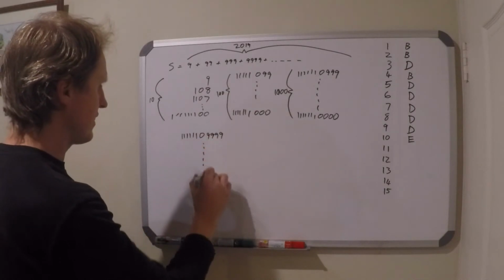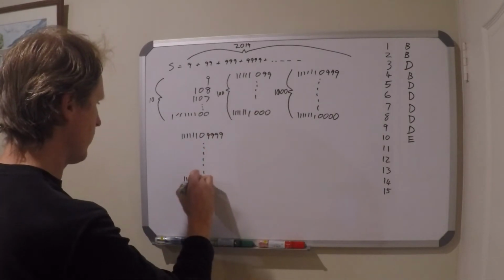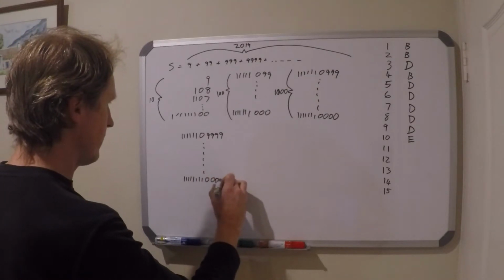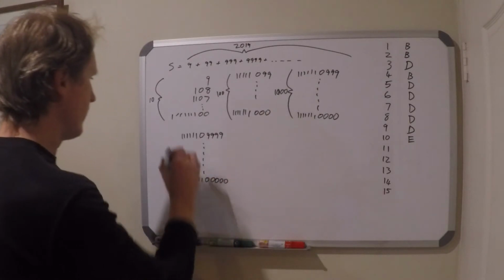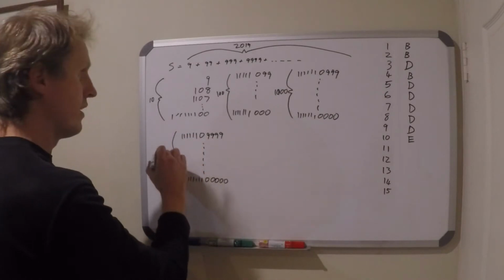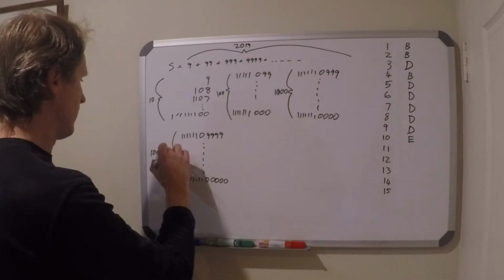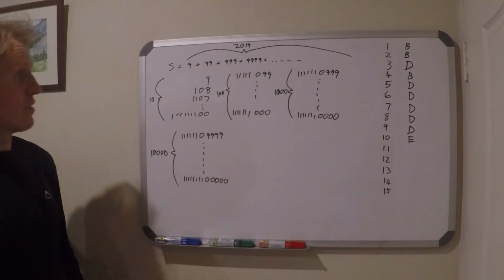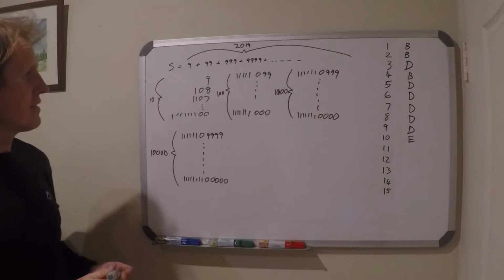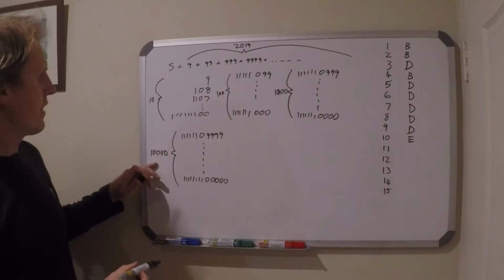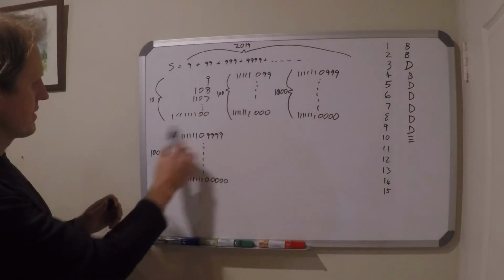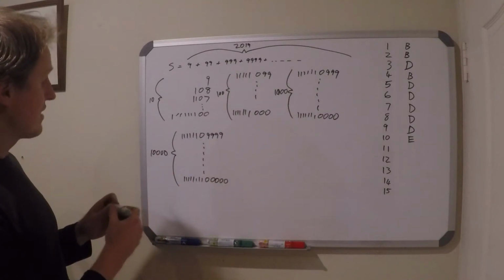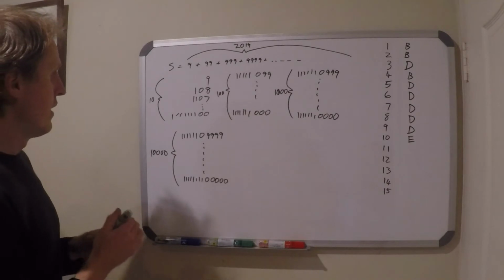And that's going to eventually work down to a whole lot of ones, 0, 0, 0, 0, 0. And here there are 10,000 numbers, and the pattern obviously does continue. But we know that the final answer is going to be somewhere in this region.